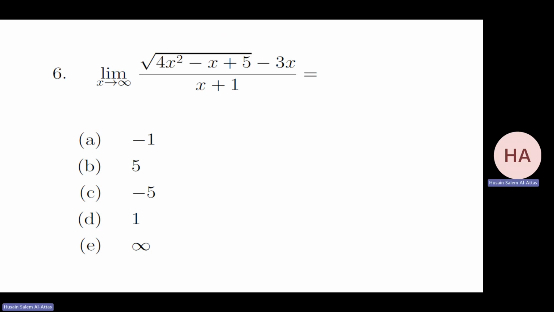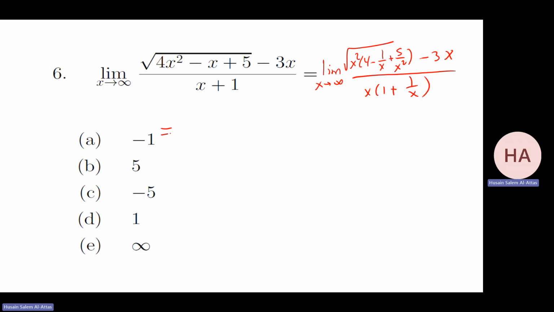This one, we want the limit x goes to infinity. So we'll do it by factoring. This is take x squared. You have 4 minus 1 over x plus 5 over x squared, minus 3x over x, 1 plus 1 over x. That will be limit x goes to infinity of what?